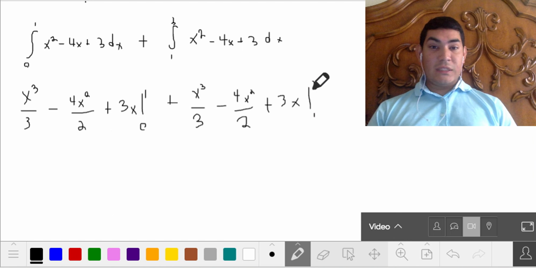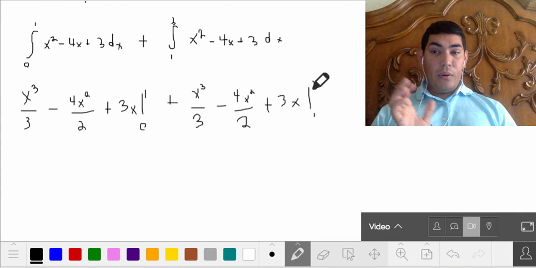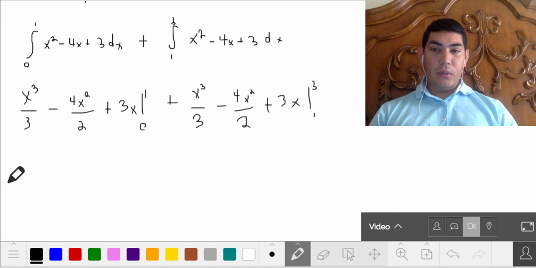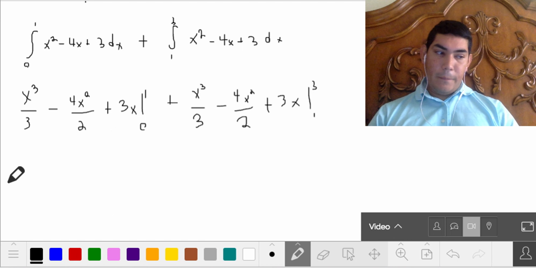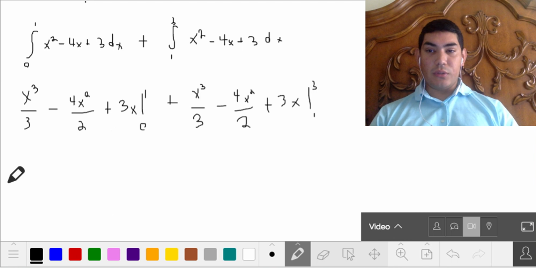So let's start simplifying a bit. The 4 over 2 is just 2, so I can rewrite that as 2 on both terms. Now I'm going to start inputting values and see what our solution is.